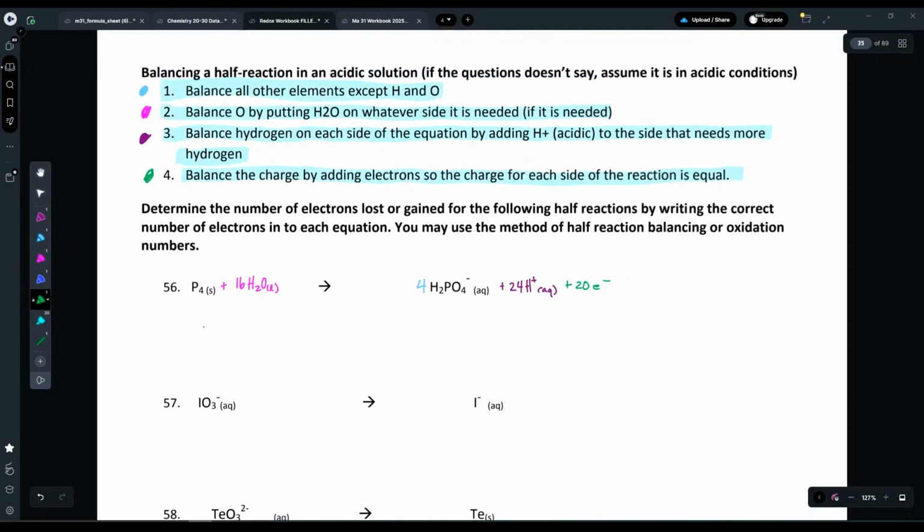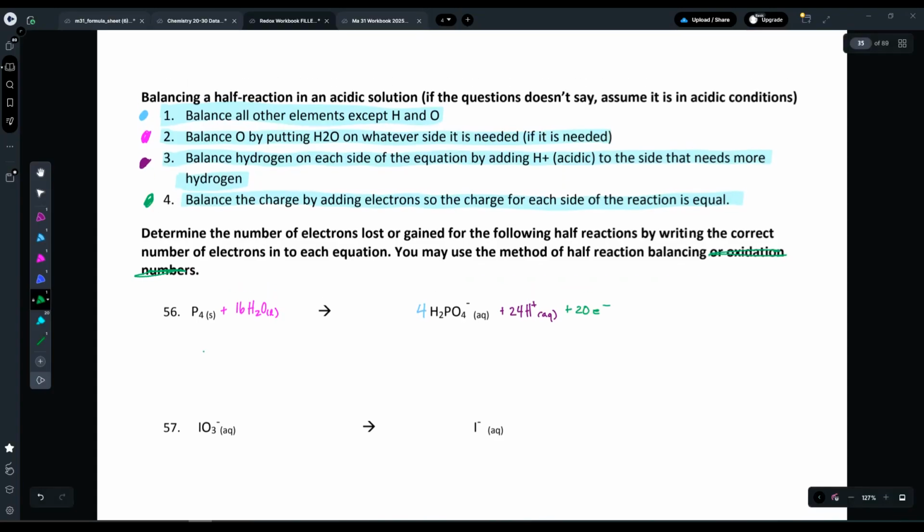Last but not least, the question does ask us to determine the number of electrons lost or gained for the following half reactions by writing the correct number of electrons into each equation. And you may use the method of half reaction balancing, or oxidation numbers. We're just focusing on half reaction balancing here.